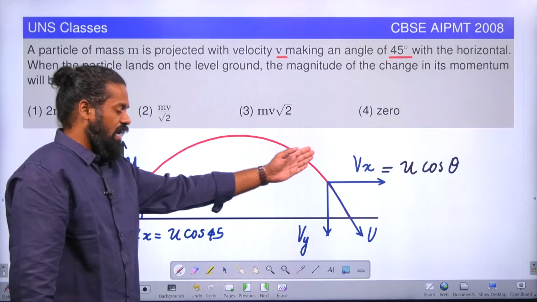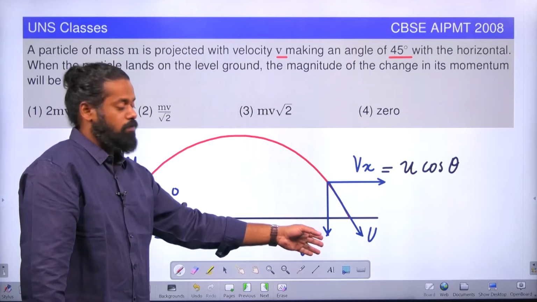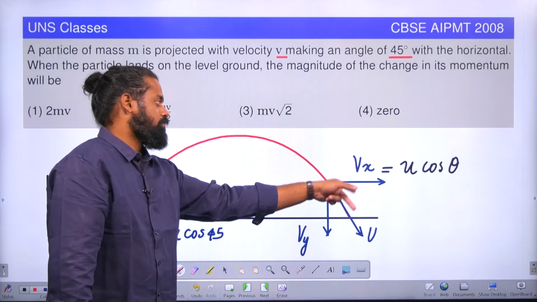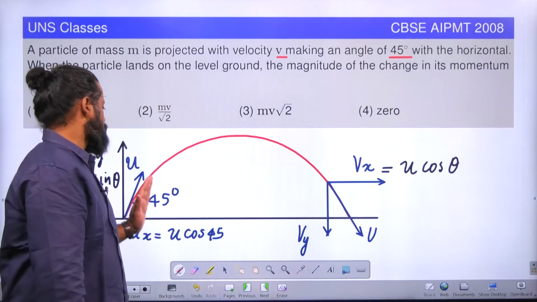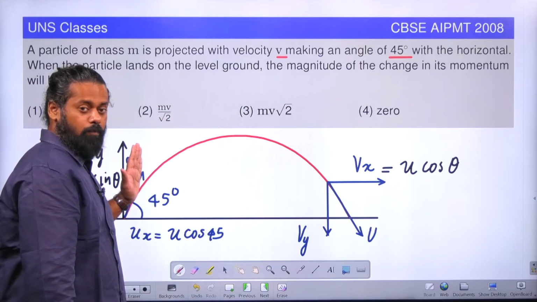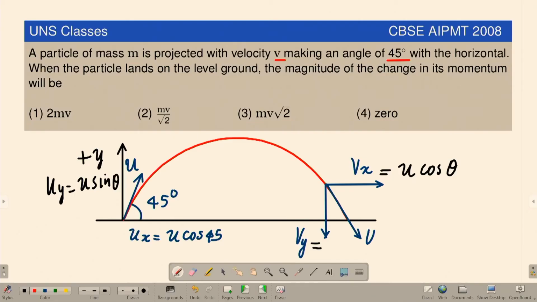While landing, the same amount of vy will be there in the minus y direction, because the resultant of vx and vy should be the same quantity u. So vy is going to be minus u sin theta.